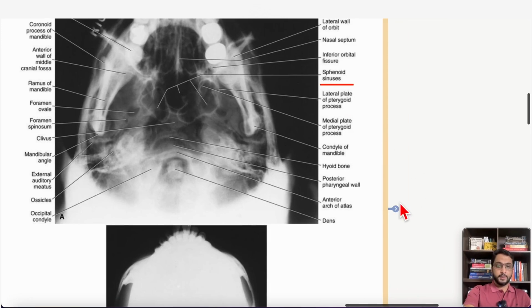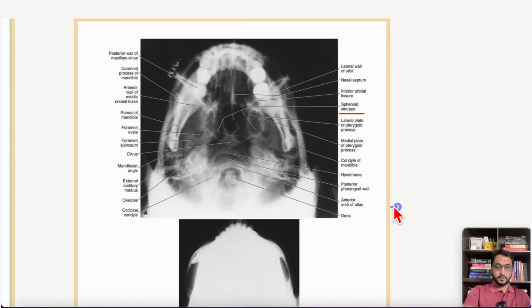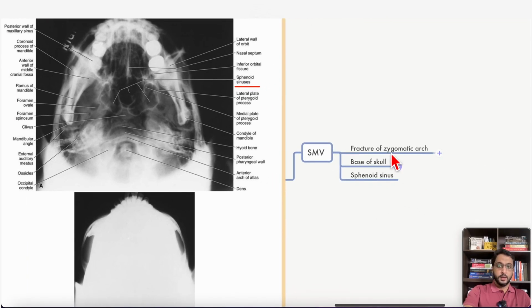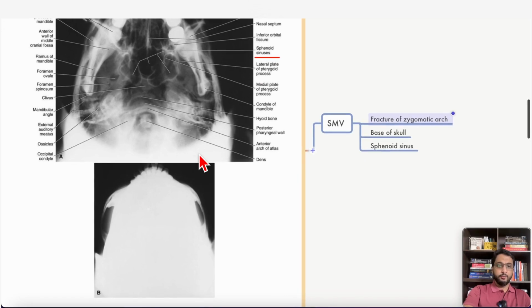If I slightly decrease the size, what you have to know here is that SMV is used to see the zygomatic arch very clearly. Now there is one view called the jug handle view. You know the jug handle, like the older jugs with two handles.